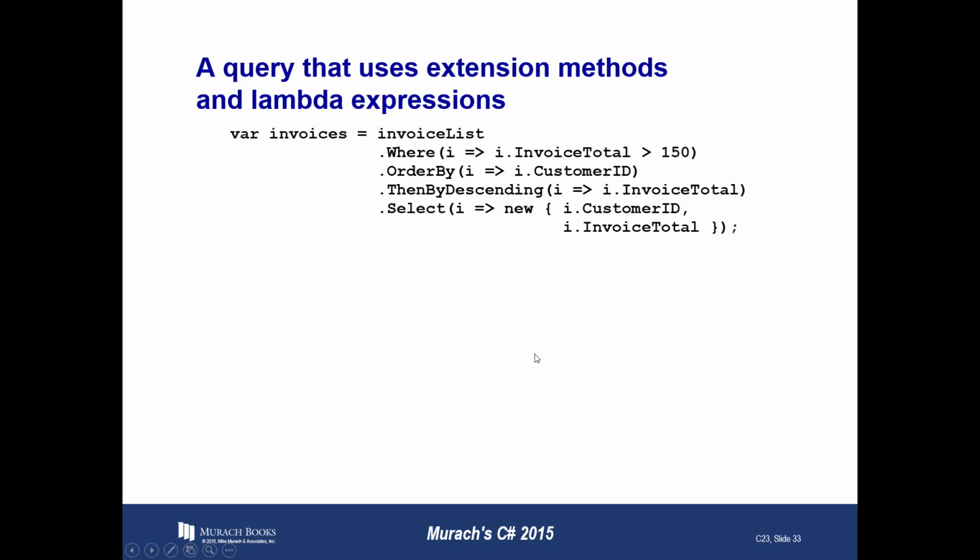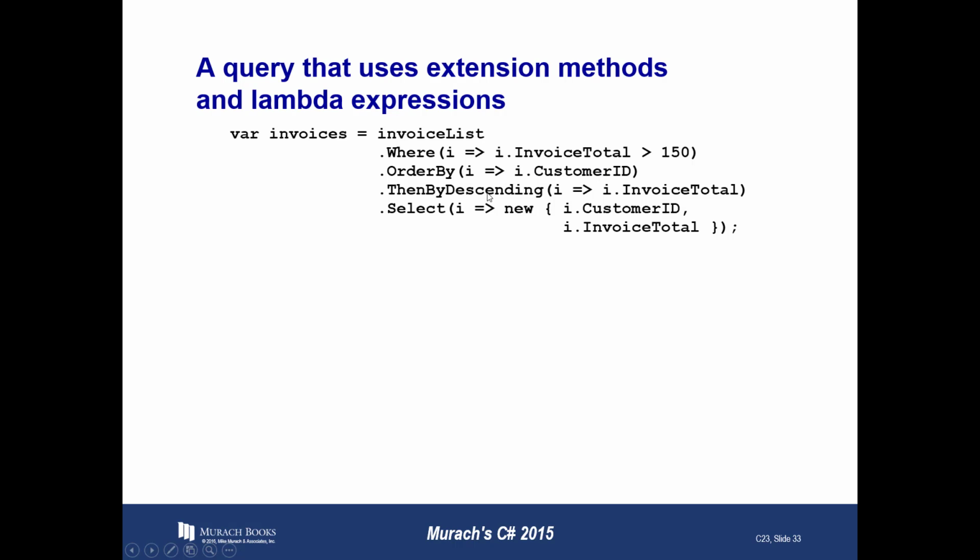Now there are a lot of ways that you can use these. Here is an example, and this is almost back to the days of AWD1000, where we were talking about jQuery and we talked about chaining, because you can chain here as well. So rather than a simple expression, it's an invoice list where, and notice we've got 1, 2, 3, 4 lambda expressions in here. The invoice total is greater than 150. We're ordering it by customer ID.